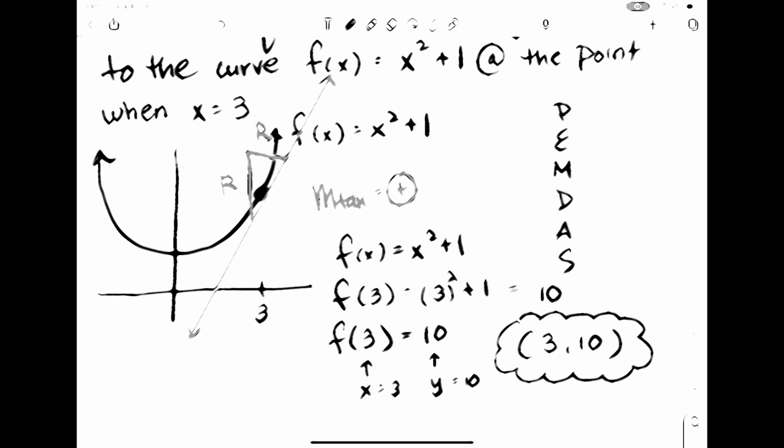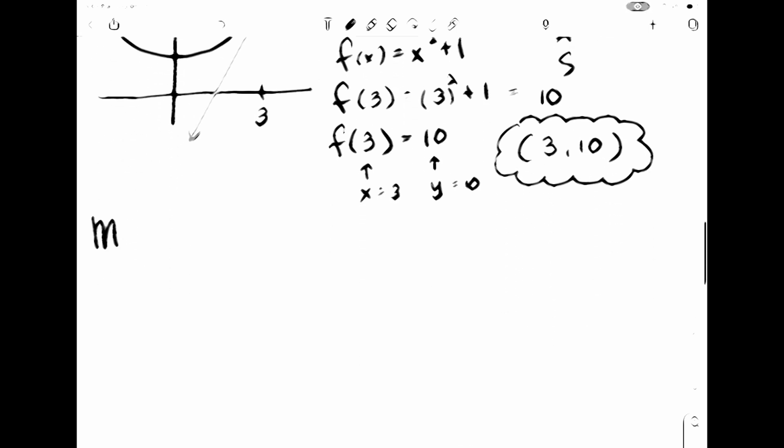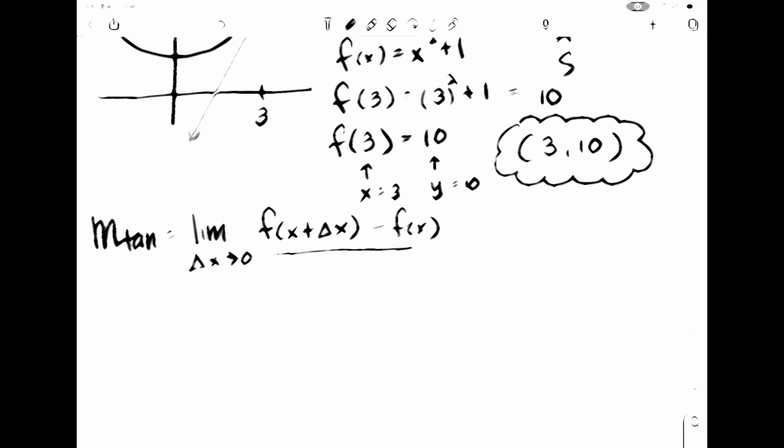All right, well, how do we find the slope of this tangent line? We know m tangent is equal to the limit as delta x goes to 0 of f of x plus delta x minus f of x, divided by delta x. This, of course, is what we call the difference quotient.